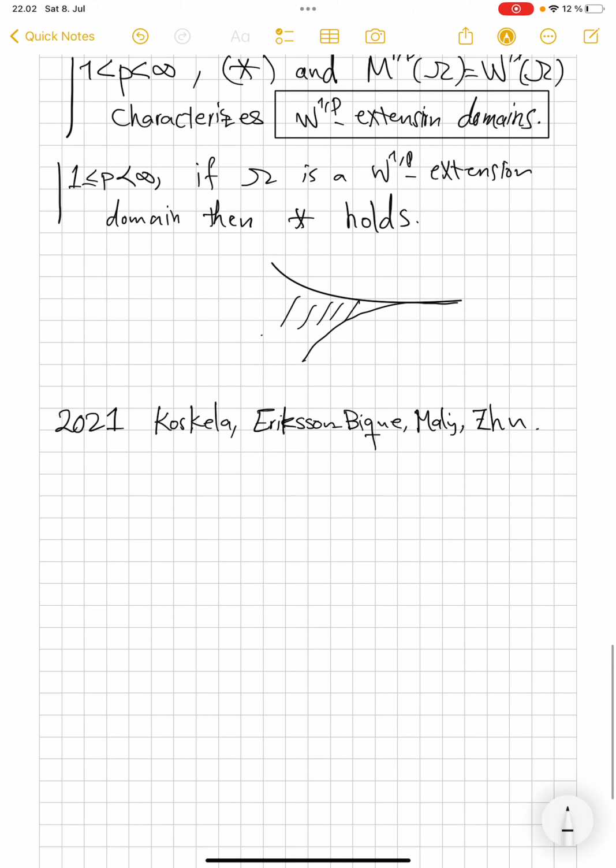So what they prove is they look at domains where, suppose you are in R2, but this can be also done in other dimensions as well. So you have x, y, and then you have a function phi here, the graph of the function, which is not as smooth as I drew. Now you want to rotate this, the thing you did in calculus 2 to compute the volume or surface area of these, the washer method or something like that.